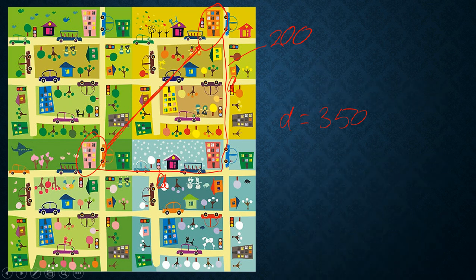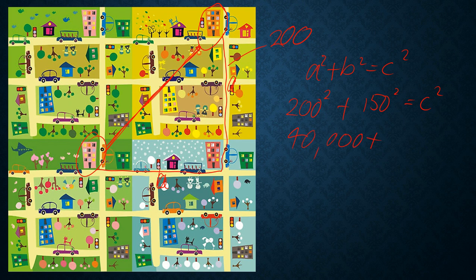So if we're looking at the displacement, we will need to use Pythagoras' theorem, which is a squared plus b squared equals c squared. So in this case, it'll be 200 squared plus 150 squared to give us c squared. 200 squared is 40,000. 150 squared is 22,500, and this is c squared.